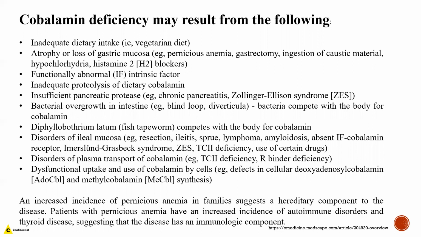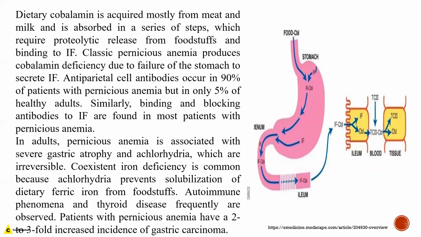Increased incidence of pernicious anemia in families suggests a hereditary component to the disease. Patients with pernicious anemia have an increased incidence of autoimmune disorders and thyroid disorders, which suggests that the disease has an immunological component. Dietary cobalamin is acquired mostly from meat and milk and is absorbed in a series of steps which require proteolytic release from foodstuff and binding to intrinsic factor.